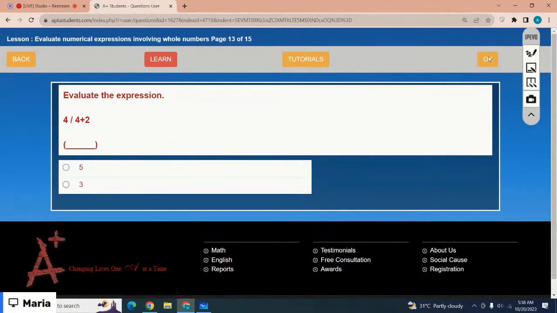Okay, 4 divided by 4 plus 2. So which is the correct option? Yes, that is 3. The correct option is 3.